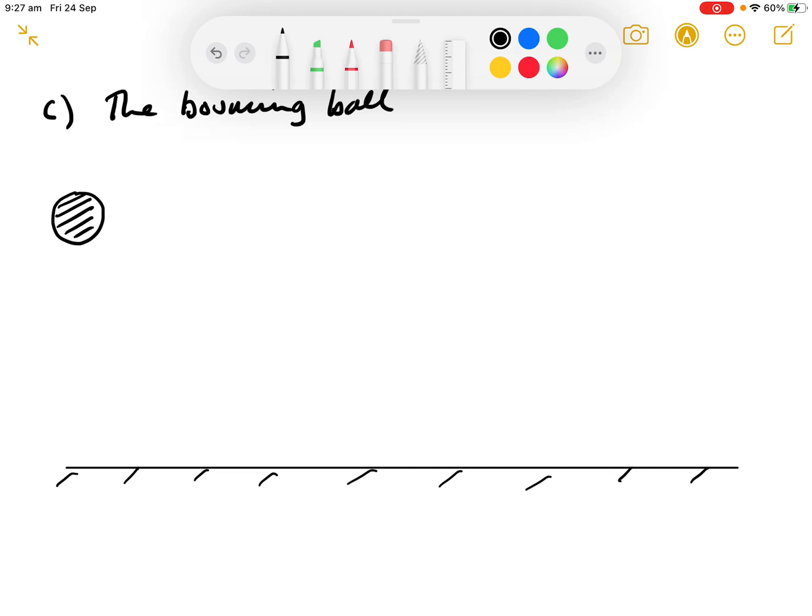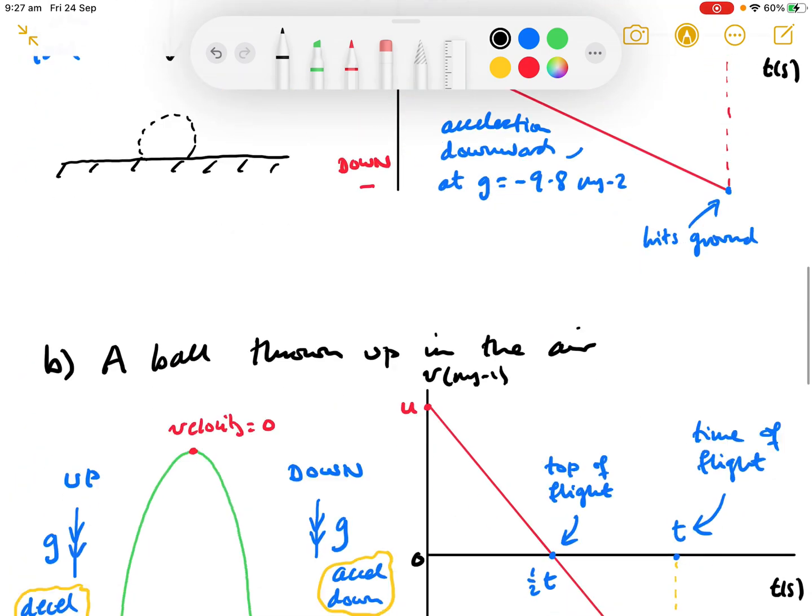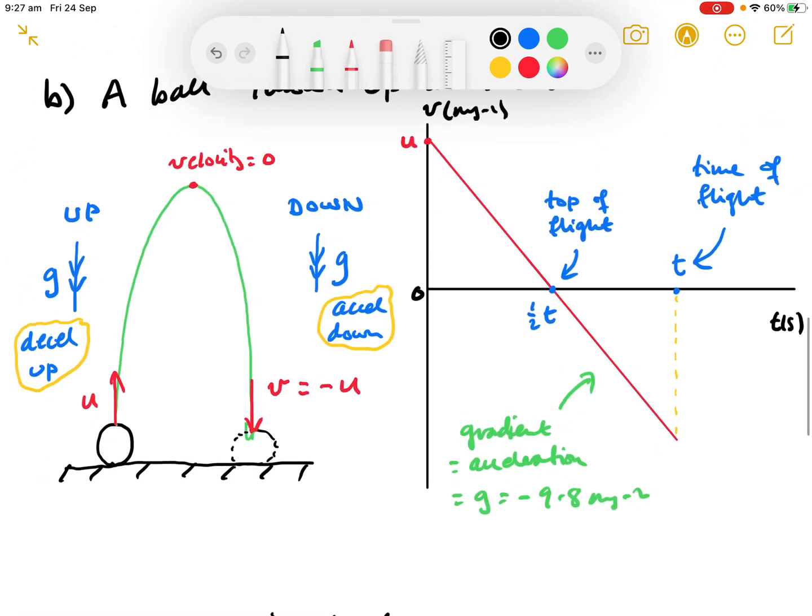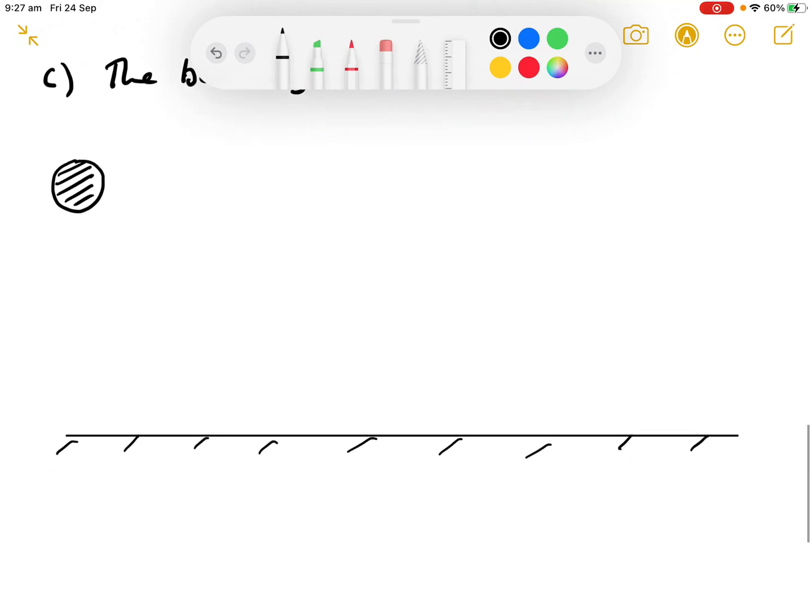Now, strictly speaking, it just goes straight down and then straight back up again, but I'm going to displace the ball slightly to the right just to let you see what's actually happening. So we're going to imagine then the ball comes down and it bounces, and it's then going to go back up again, but it won't go as high in the second bounce because it's lost energy during the bounce itself.